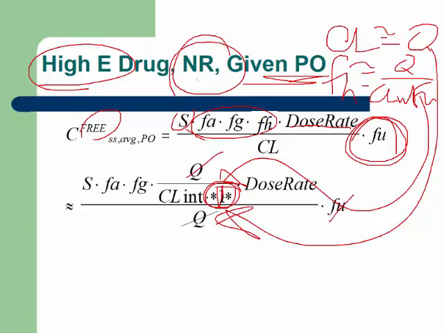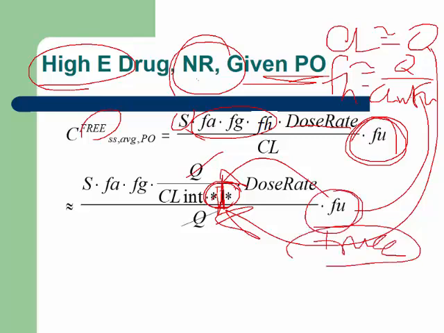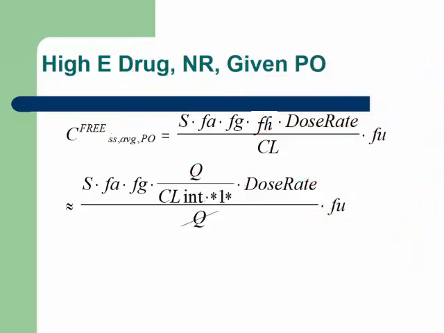So here, these two fraction unbounds, they don't cancel, because this really is what the body sees as being unbound. So again, it's the peripheral fraction unbound. This is what the liver sees. So this is a true fraction unbound, and this is what the liver sees. And so the liver sees this as 1, but it sees this as the true. The rest of the body sees it as a true fraction unbound. Tough stuff, but you can do it.